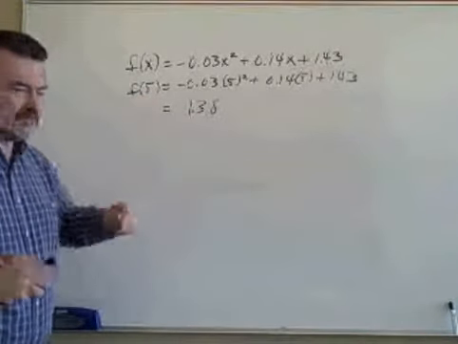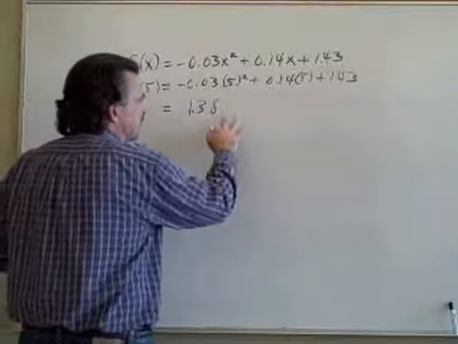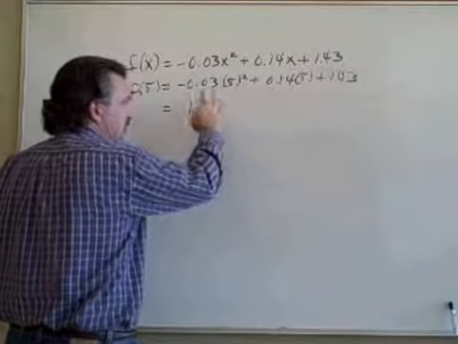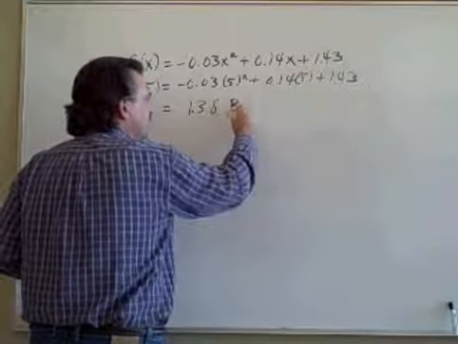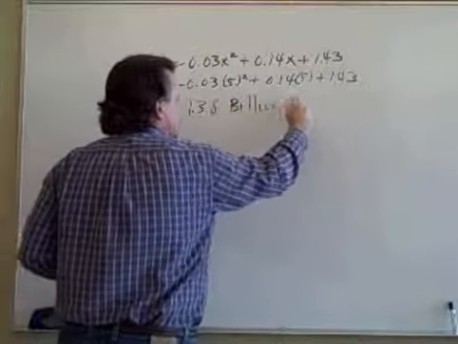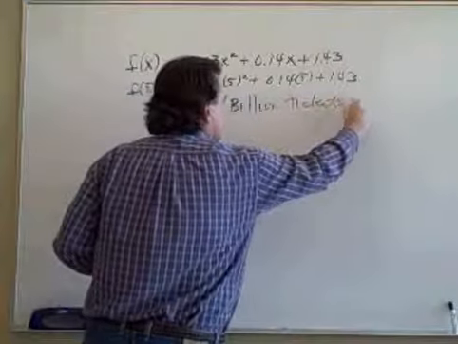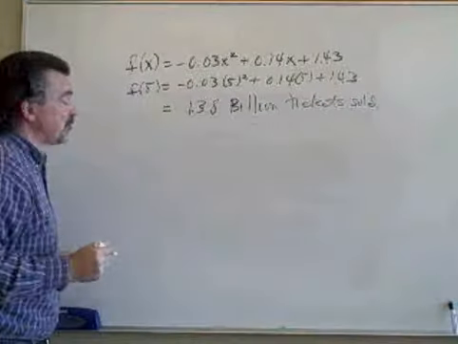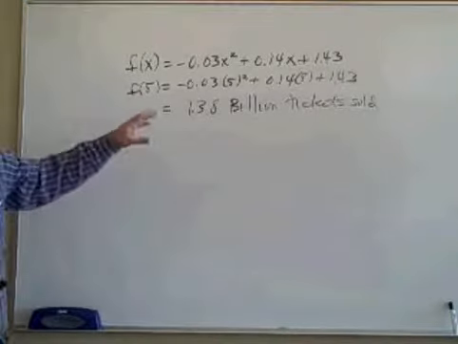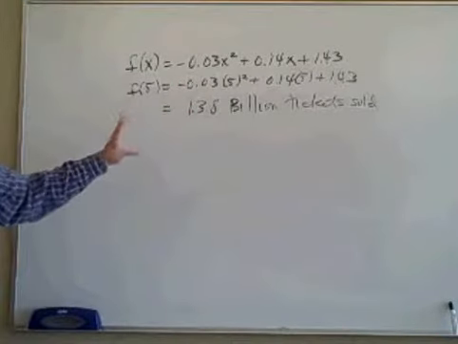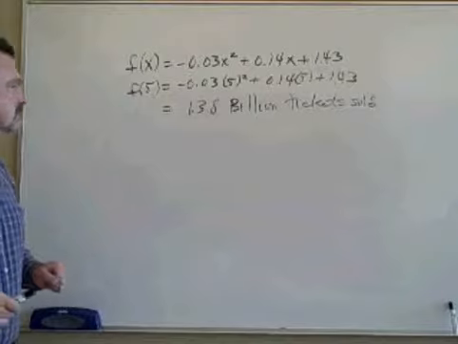So this says that in 2005, according to this model, they sold 1.38 billion tickets. So that's how many tickets, according to this model, were sold in 2005.